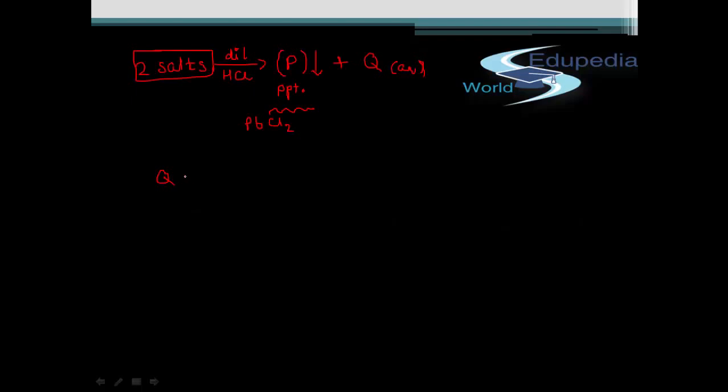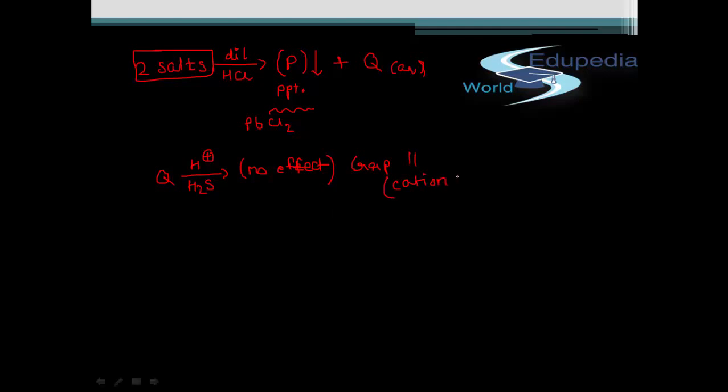For Q it says that when it is reacted with H+ and H2S, that is hydrogen sulfide in an acidic medium, it has no effect. That means Q cannot be a group 2 cation, group 2 of the qualitative analysis.